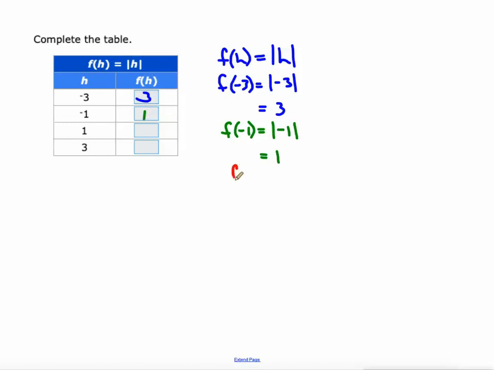If we do f of 1, it'll be the absolute value of 1, which is 1. And if we do f of 3, it'll be the absolute value of 3, which is 3. Notice there's some symmetry there, and we'll get more into that as we get deeper into these skills.